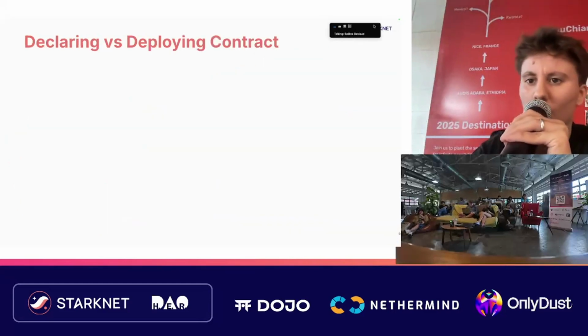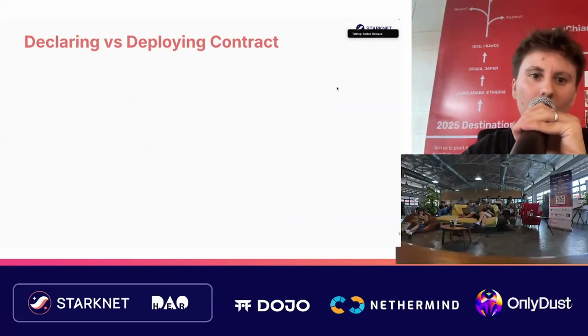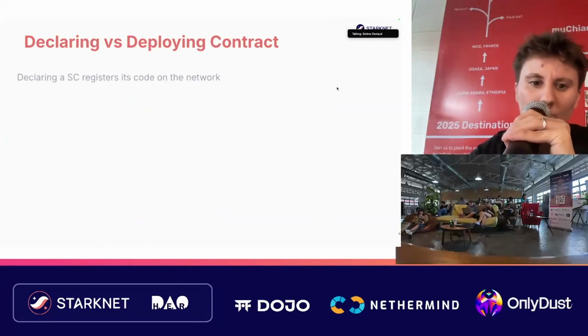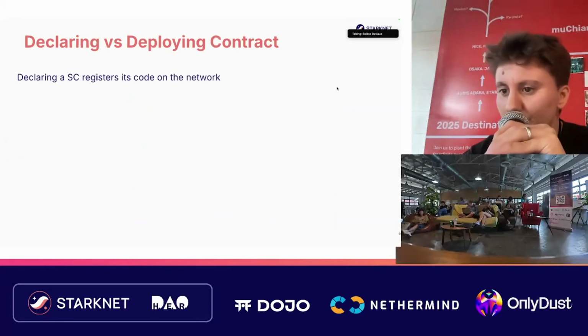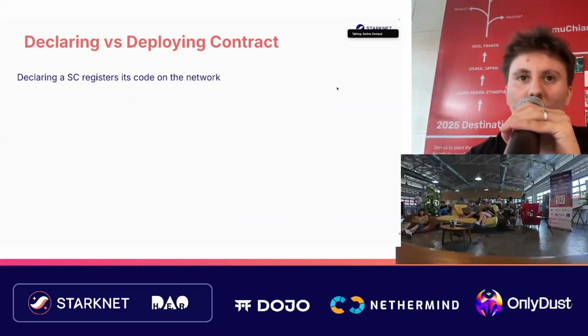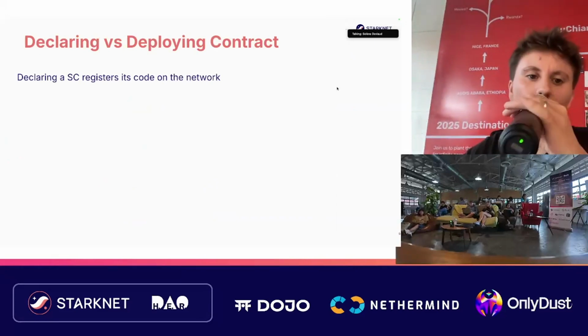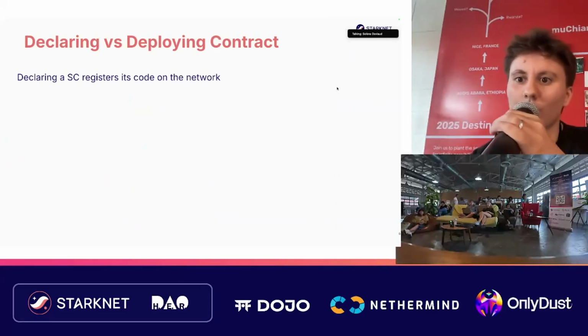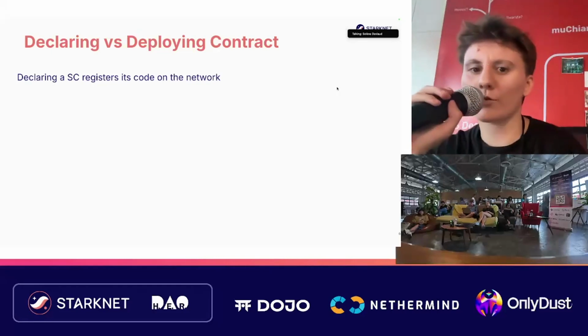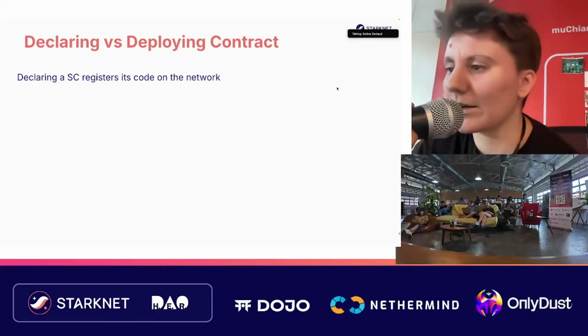And all smart contracts on Starknet have to be declared. So why do we have to declare a smart contract? Basically, declaring on Starknet is one of the features that does not really exist on other blockchains like Ethereum.